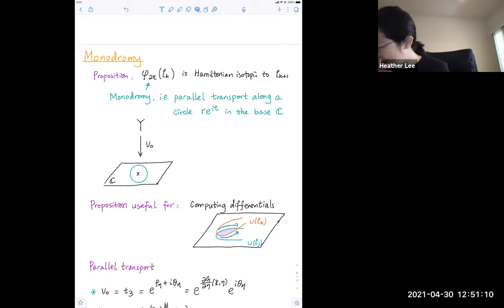And so very briefly, that's why we want to compute the monodromy, because that Lagrangian is going to be involved in our computation, but it is difficult to look at. It's much easier to look at LK plus 1. So if we can show that this Lagrangian is Hamiltonian isotopic to LK plus 1, then in our differential computations, we can use only the LK plus 1 and all the LKs instead of the monodromy of LK around the loop.